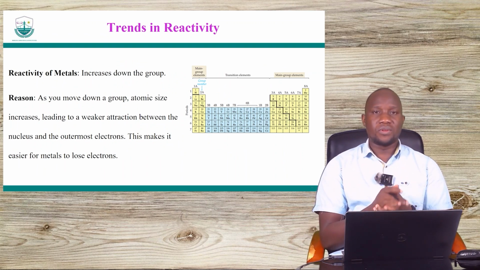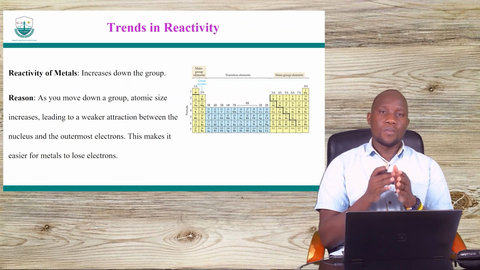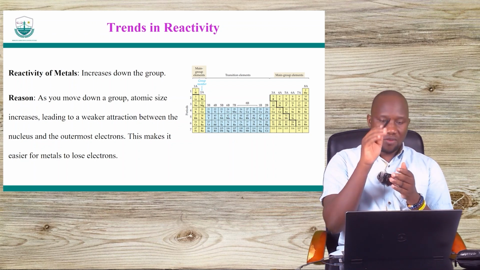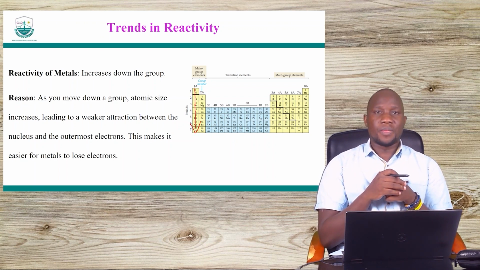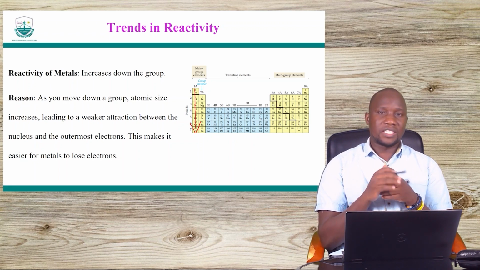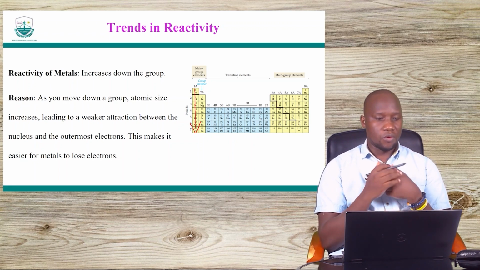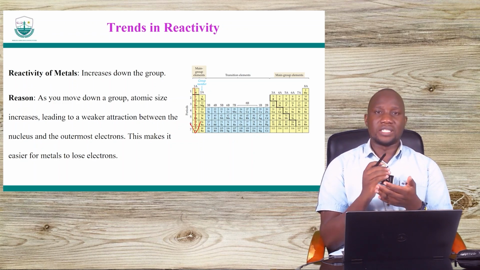So across the periodic table, there are some things that we can predict. Reactivity, especially in the metals. As you move down the group, the reactivity increases. Reactivity is basically the tendency to react with other elements. So reactivity increases as you go down the group. What is the reason? As you move down the group, the atomic size of the element actually increases.